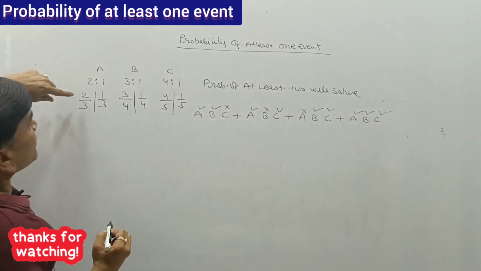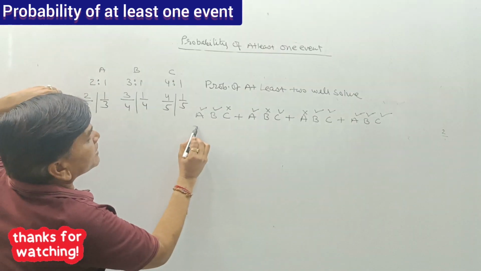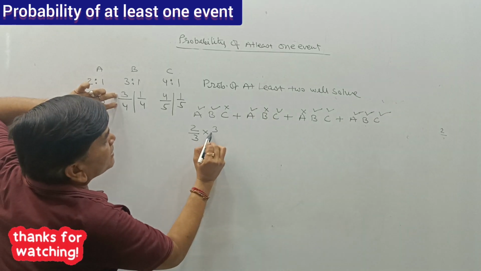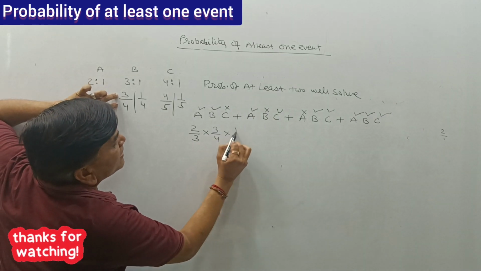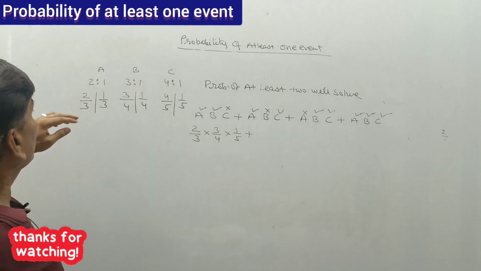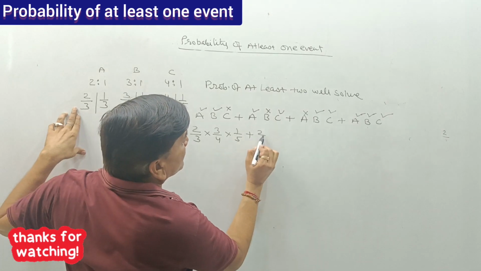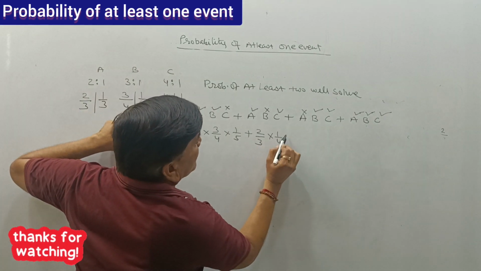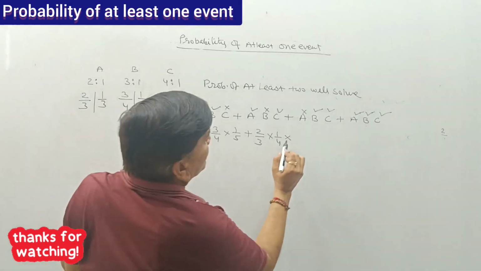So probability of solving by A is 2 by 3, solving by B is 3 by 4, not solving by C is 1 by 5. Probability of solving by A is 2 by 3, not solving by B is 1 by 4, and solving by C is 4 by 5.